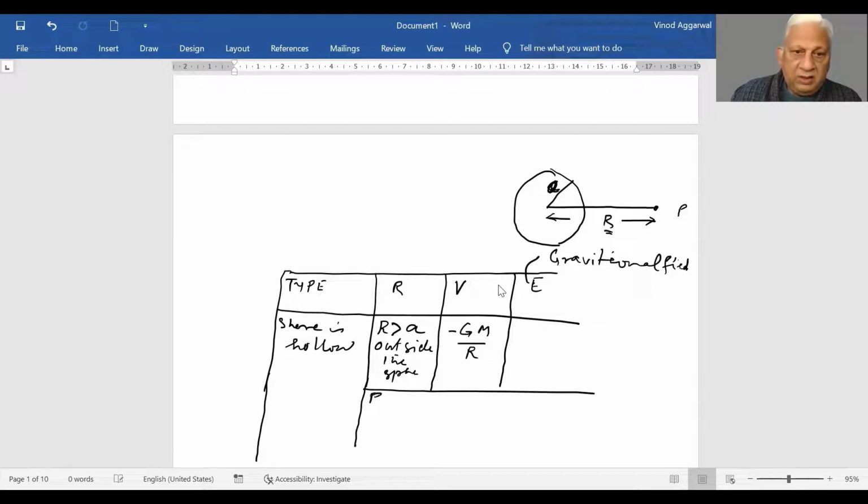If R is less than A, that means the point is inside this sphere. In that case, what will happen? Our potential will be minus Gm by A.